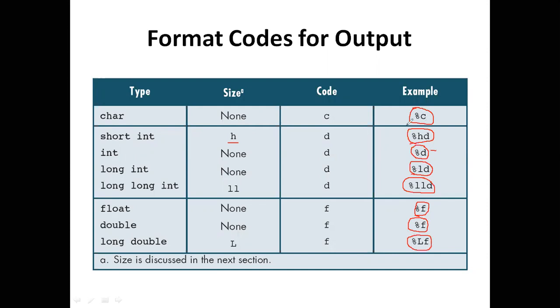These are what we call format specifiers. To display a character we use percentage C. To display an integer or short integer, percentage HD.